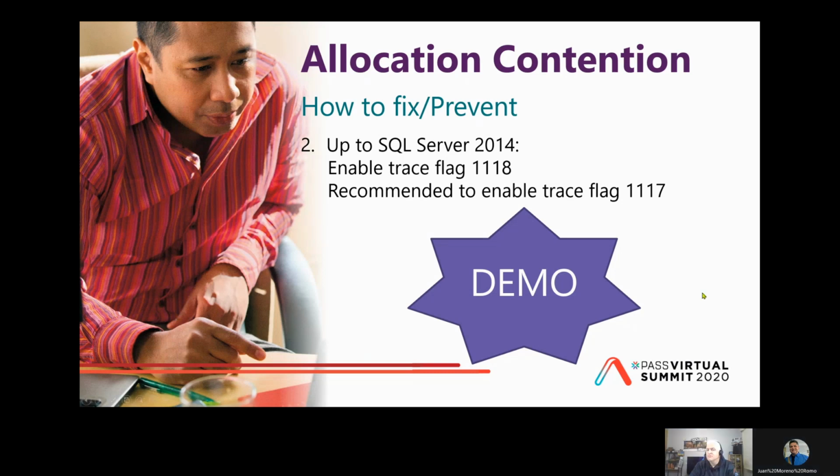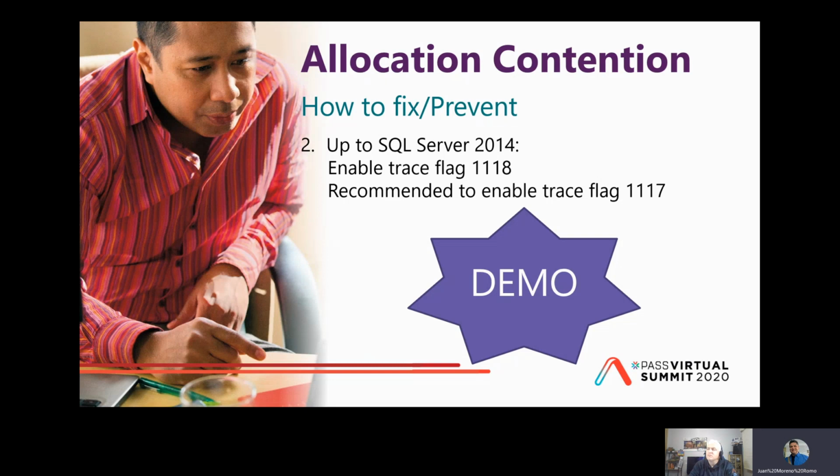Okay. Also, we have another recommendation that is enabling trace flag 1117. Some people don't like to use this trace flag because this trace flag forces SQL Server to modify the size of the files in the same way. That means that if one of the tempdb files grows, all the rest of the files will grow in the same way at the same time.